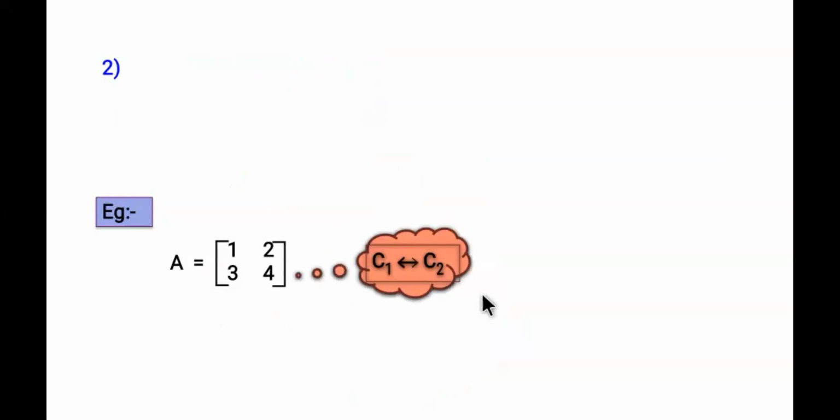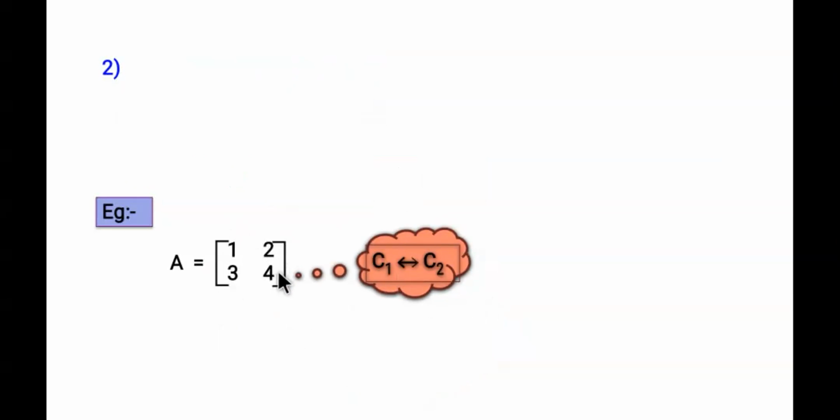Okay, here also I'll start with an example. I'll consider one matrix. So the elements are 1, 2, 3, 4. Okay, so here if you see, I've written C1 interchanges C2. Now C1 is the first column and C2 is the second column. So let's see what the elements in your first column are. The first column has 1 and 3, and the second column has 2 and 4.